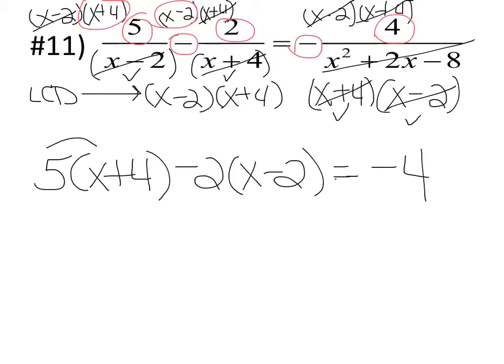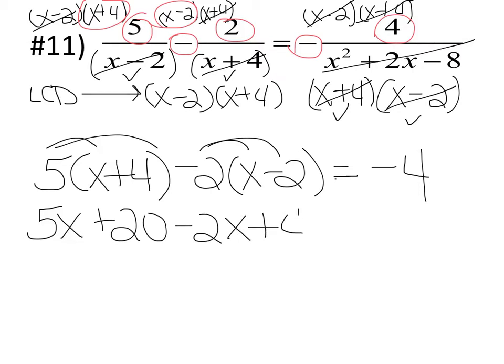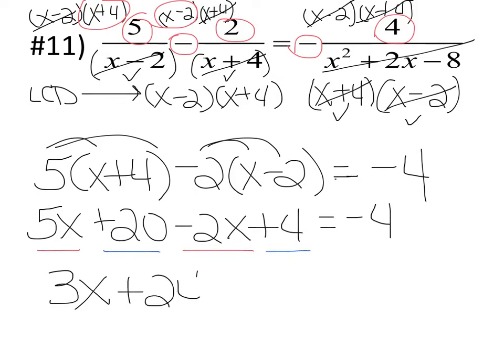Okay, let's distribute. 5x plus 20 minus 2x plus 4 is equal to negative 4. Let's combine our like terms. 5x minus 2x is 3x. 20 plus 4 is 24, is equal to negative 4.